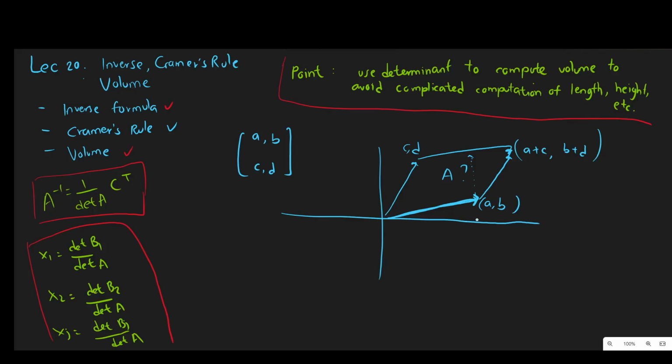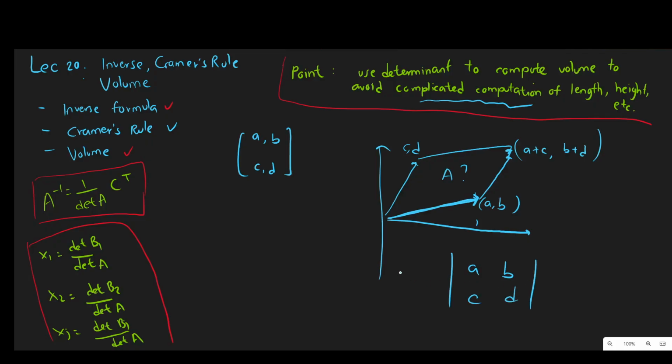You need to compute first this length and this length squared, and then you need to compute the Pythagoras of them. You need to compute the height also, and it gets complicated, right? So this is a really complicated computation. But the idea of the determinant also gives you the volume, and the area in this case in terms of 2 dimensions. You just need to compute the determinant if you place those on the rows.